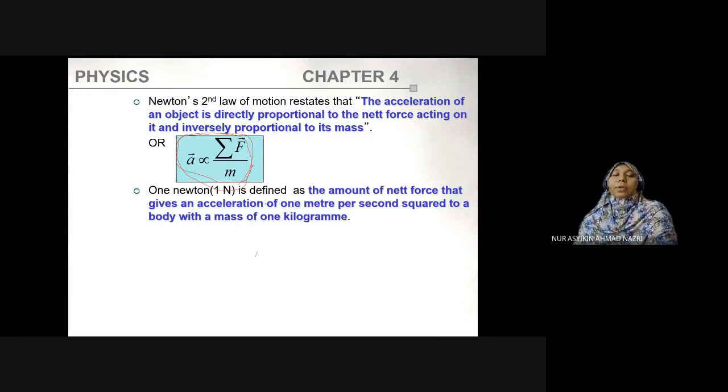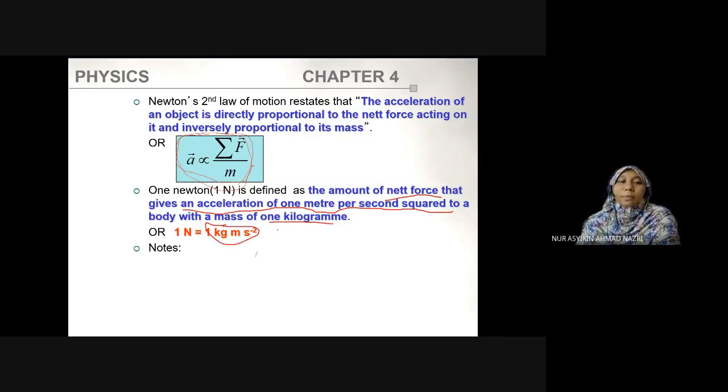Apa maksud 1 Newton? 1 Newton is the amount of net force that gives an acceleration of 1 meter per second squared to a body with a mass of 1 kilogram. Mana dapat benda ni? Daripada dia punya unit ini je. Okey, tak ada apa yang magic lah kat sini.